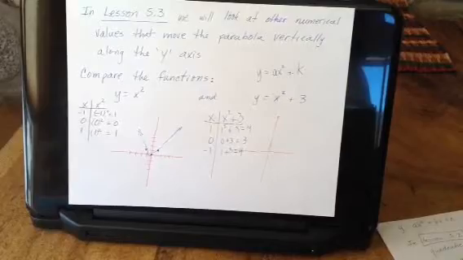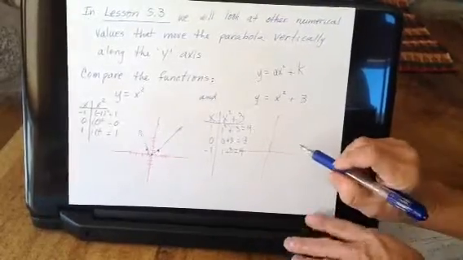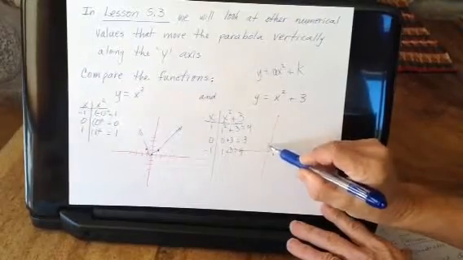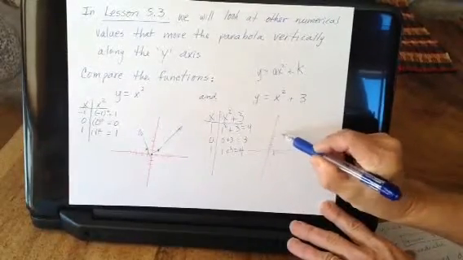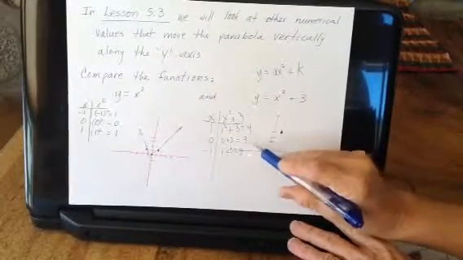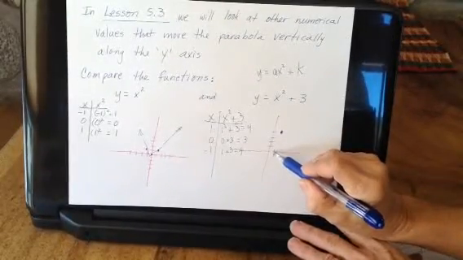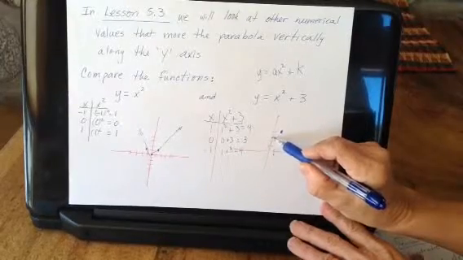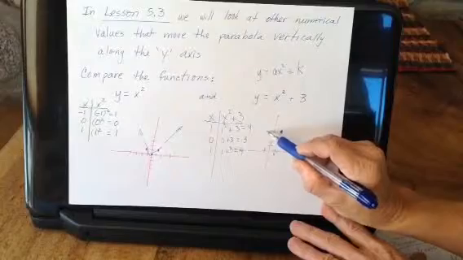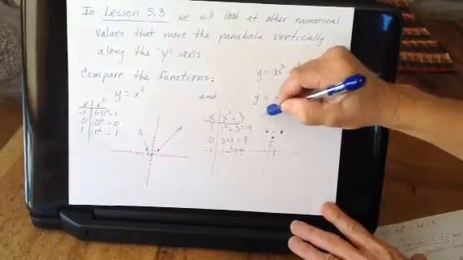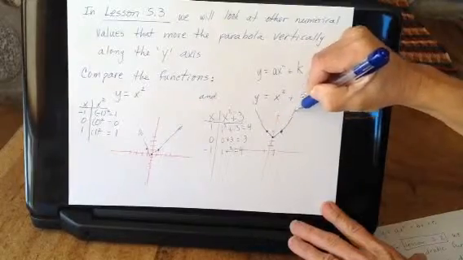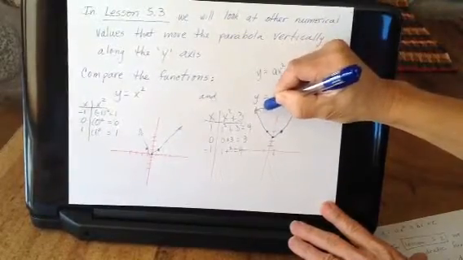So we'll go ahead and graph those few points here. When x is 1, y is 4. When x is 0, y is 3. When x is negative 1, y is 4. So we see that it's still the same width and opens upward.